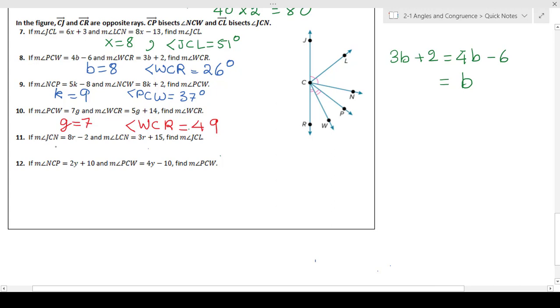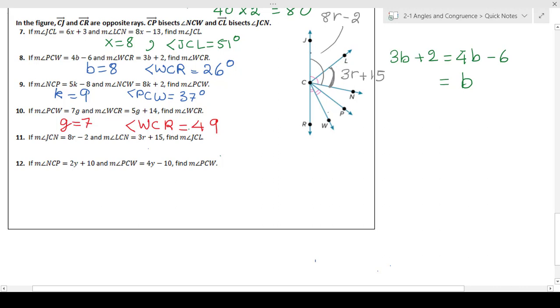Now, number 11. If the measure of JCN, this whole angle, is equal to 8R minus 2, and the measure of LCN, which is this part, is equal to 3R plus 15, find the measure of JCL.